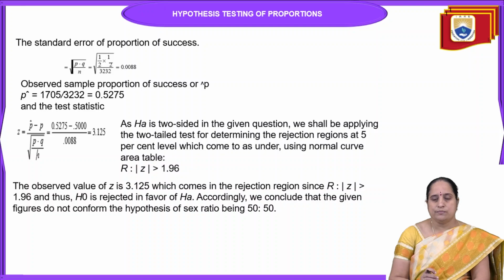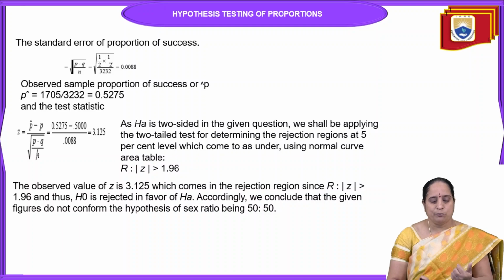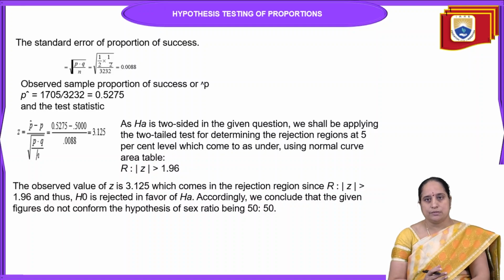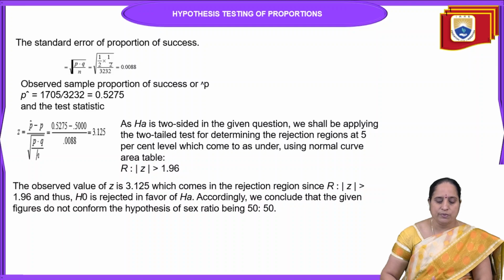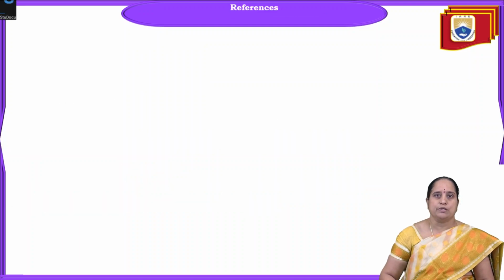The observed value of z is 3.125, whereas the critical value is 1.96. So it falls in the rejection region. So straight away we can reject. So we conclude that the given figures do not confirm the hypothesis of the sex ratio being 50:50.